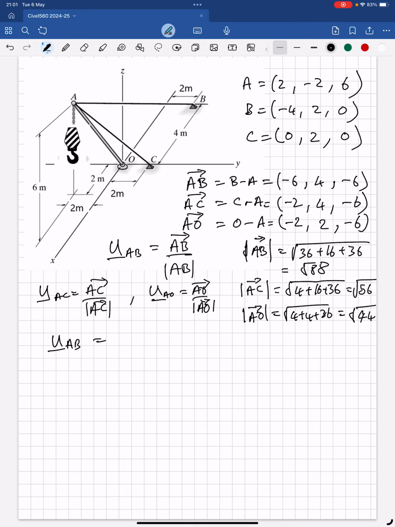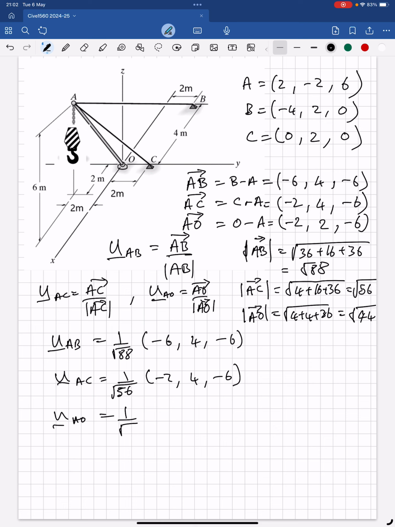UAB is equal to, and we'll write them with the surds outside, it's much more convenient, 1 over root 88 times minus 6, 4, minus 6. UAC equals 1 over root 56 times minus 2, 4, minus 6. UAO is equal to 1 over root 44 times minus 2, 2, minus 6.